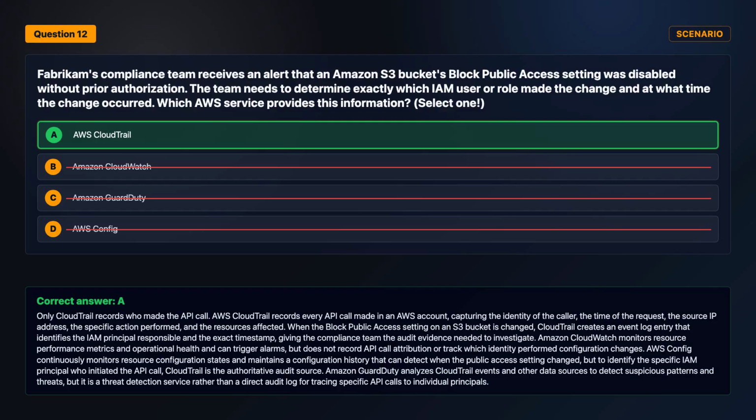Amazon GuardDuty analyzes CloudTrail events and other data sources to detect suspicious patterns and threats, but it is a threat detection service rather than a direct audit log for tracing specific API calls to individual principals.